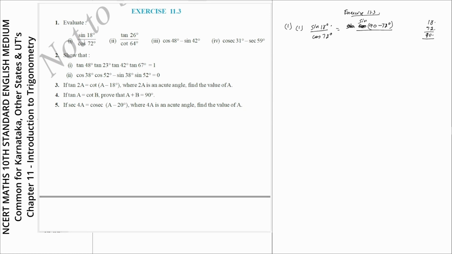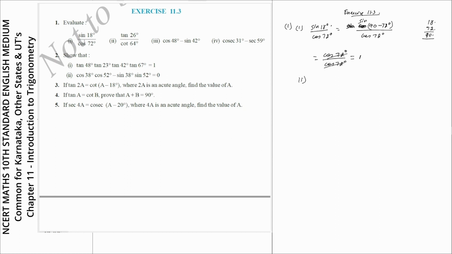So 18 I am writing as 90 minus 72. In the denominator I will write it as it is, cos of 72 degree. Now sine of 90 minus 72 degree is cos of 72 degree. Cos of 72 degree by cos of 72 degree, both will get cancelled. Answer is 1.